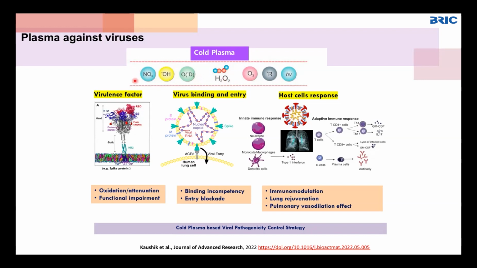So we chose NO species, which is a biosignaling molecule in the human body. We can use NO species for virus inactivation easily, because it is already present in our human body at a very minute concentration. And our body also works on that NO species level. Many signals are based on the NO species level inside our body. So we targeted this species by the plasma.